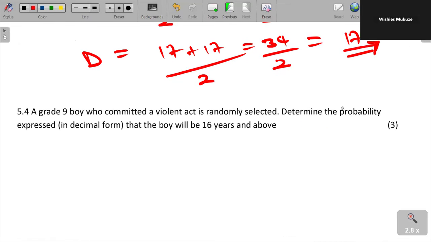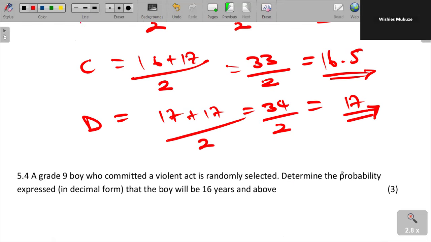And then the next question is saying, a grade 9 boy who committed a violent act is randomly selected. Determine the probability, expressed in decimal form, that the boy will be 16 years and above. So 16 years and above, how many grade 9?